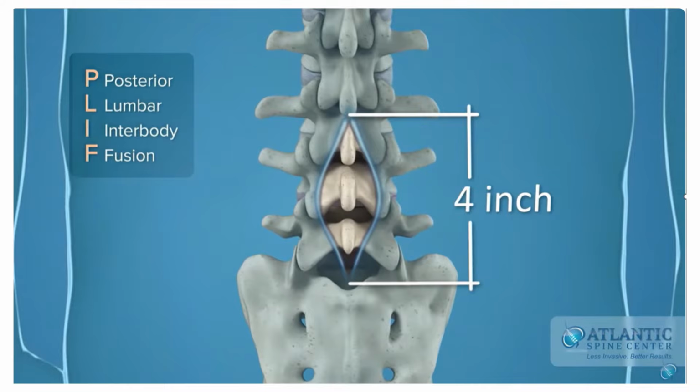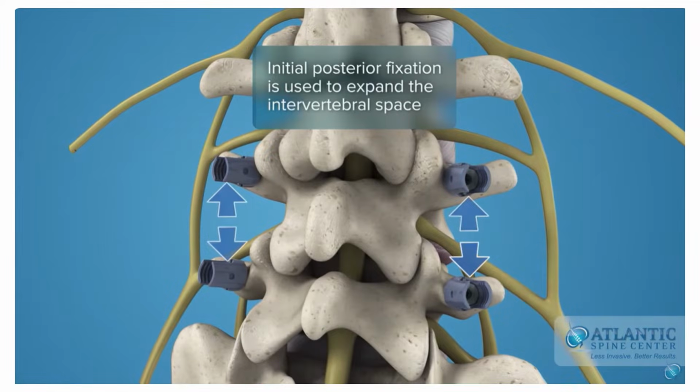Well, you got to open the surgical site, and it's opened from the posterior, the back, right? A 4-inch incision, and the initial posterior fixation is applied right here. They also use the posterior fixation to expand the intervertebral space, the disc space.